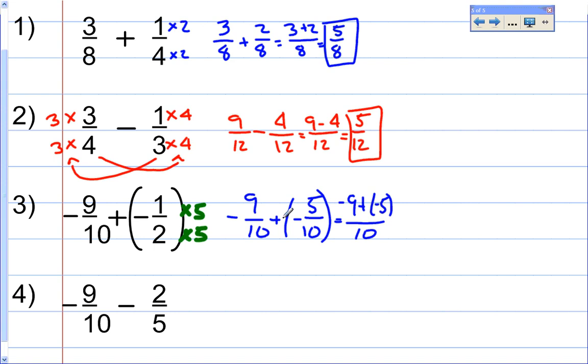Negative 9 plus negative 5 equals, oh, there's my dead spot. Negative 9 plus negative 5 is negative 14 over 10. Those are both even numbers, so I know I can divide them by 2. Negative 14 divided by 2 is negative 7. 10 divided by 2 is 5. So there's my answer. This was the most commonly missed question in class. All right, so if you got this right, good job.